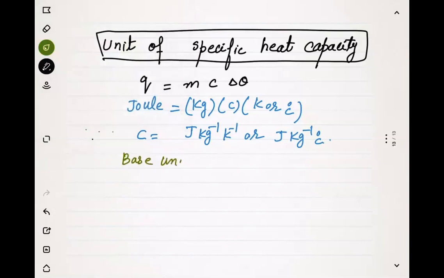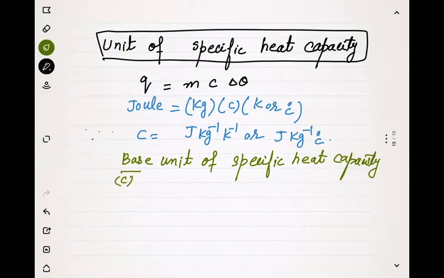Now let's write the base unit of specific heat capacity, smaller c. Q is equal to mc delta theta.